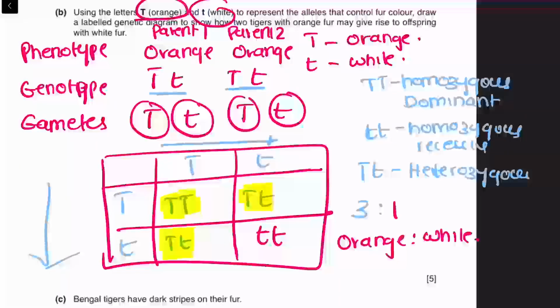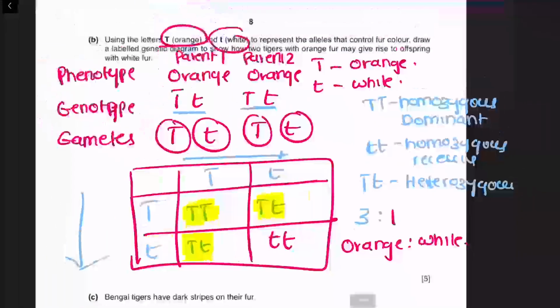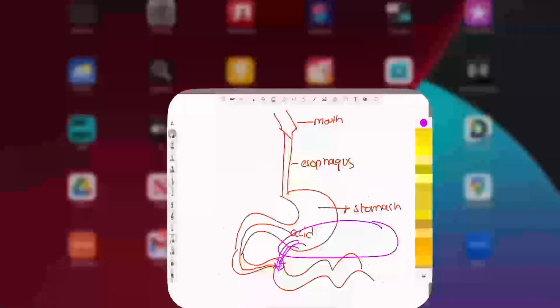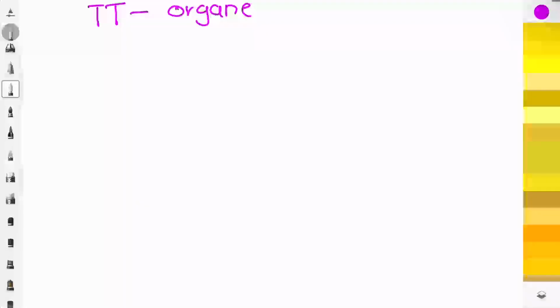Now, why is this not possible? Now let's say one parent is, to have orange fur, your genotype can either be homozygous dominant, an individual who has this genotype will have orange fur, and an individual that has this genotype will also have orange fur, no?